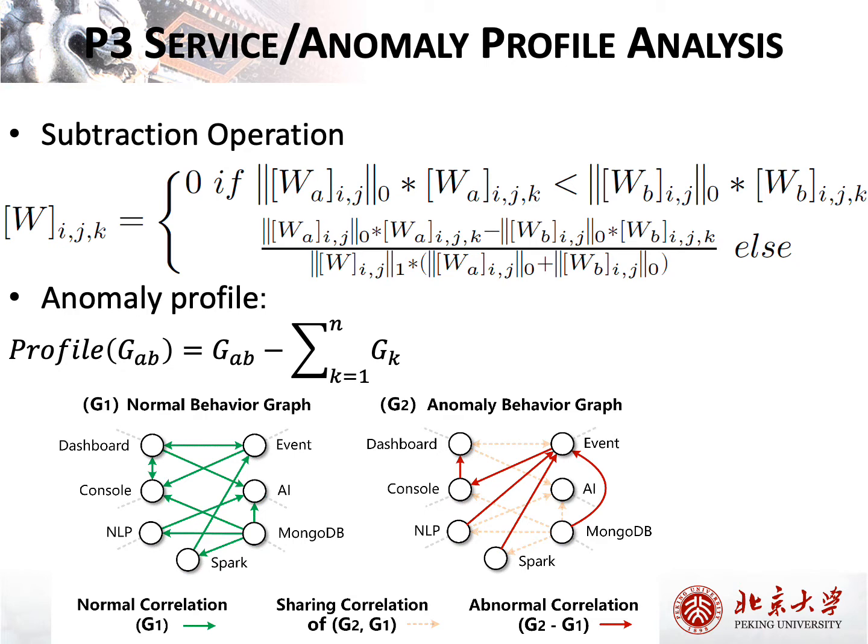Then we can subtract from the abnormal behavior graph, generating the below example. After removing normal behaviors, we are able to focus on the anomaly behavior itself, like the red arrows showed in the right figure.